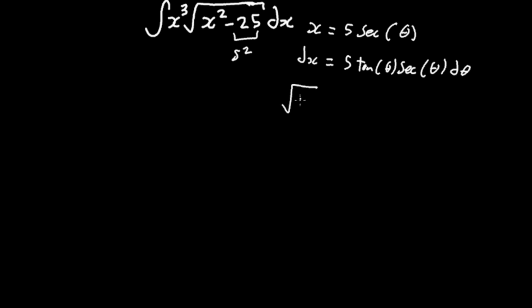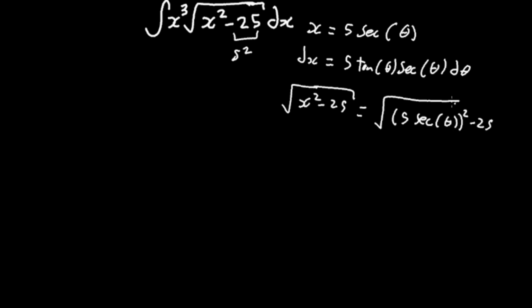Now what is the square root of x squared minus 25? Let's find that part now. That is going to be the square root of 5 secant theta squared minus 25, which is square root of 25 secant squared theta minus 25.